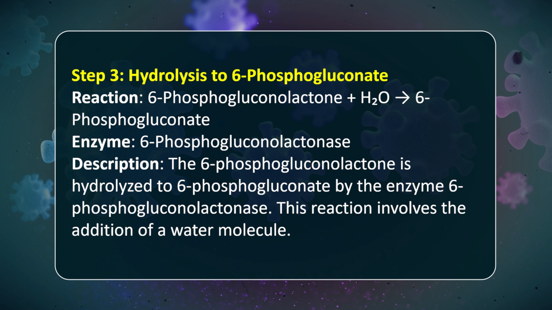The enzyme that is responsible is 6-phosphogluconolactonase. The 6-phosphogluconolactone is hydrolyzed to 6-phosphogluconate by the enzyme 6-phosphogluconolactonase. So, this reaction involves the addition of a water molecule.